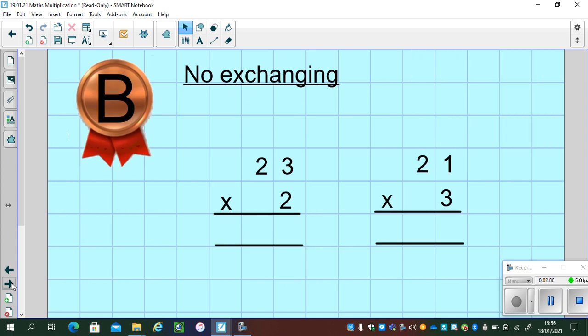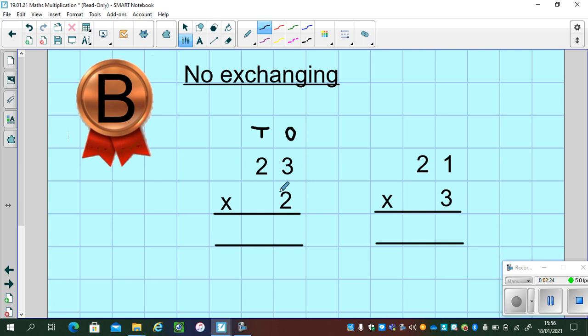So for bronze today, we're going to be doing our short multiplication method, but with no exchanging at all. Okay, so let's start. 23 times 2. I've got my tens and my ones. I make sure that I lay out my number in the correct column. 23 is 2 tens and 3 ones.